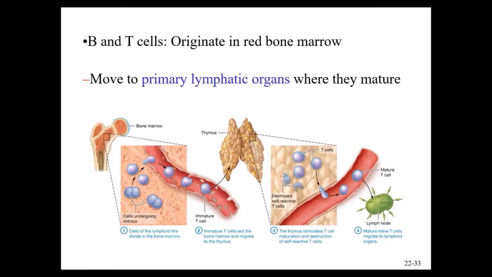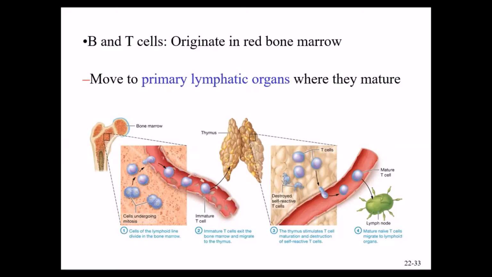The difference here is that they have to be inside of what's called the primary lymphatic organ to finish the maturation process, to finish the developmental process. Now, for B cells, that's easy because they complete their development in the bone marrow. So they originate in the bone marrow, and their primary lymphatic organ is still the bone marrow. But for T cells or T lymphocytes, their primary lymphatic organ is actually the thymus gland.